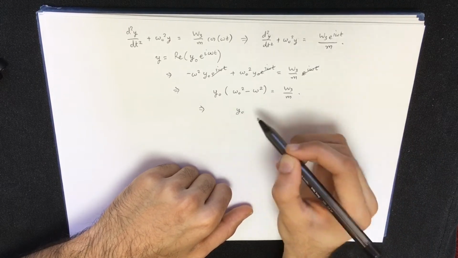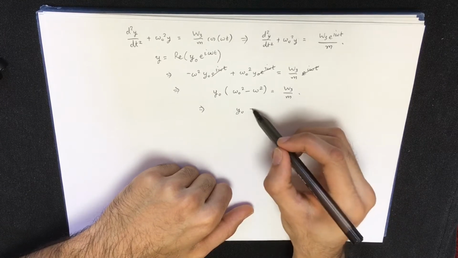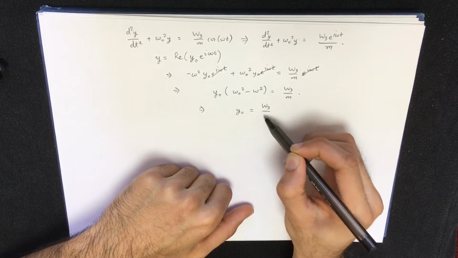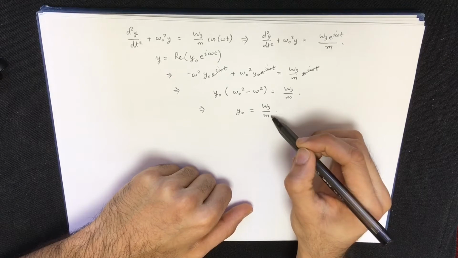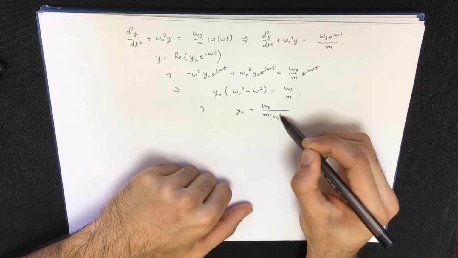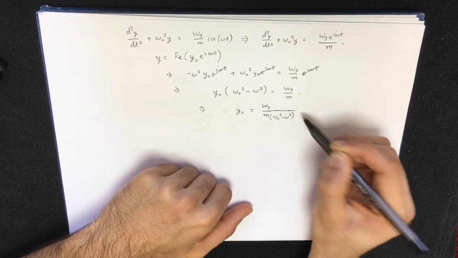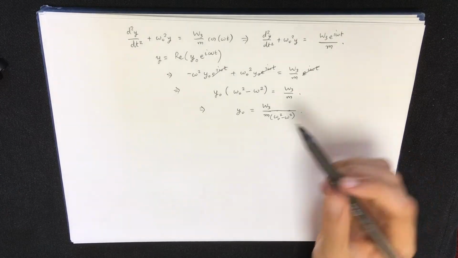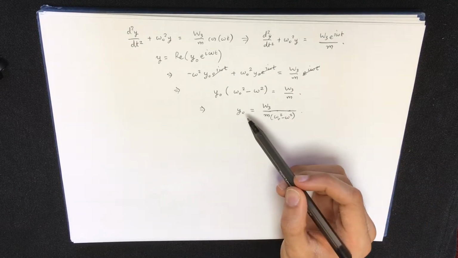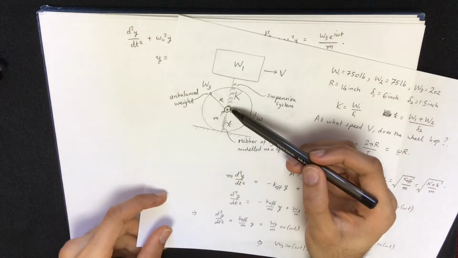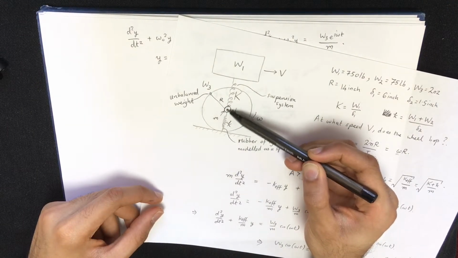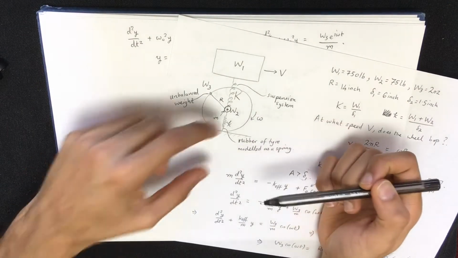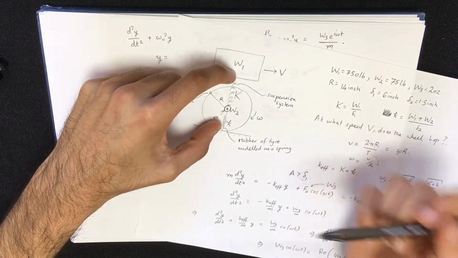So y naught, which is the amplitude of the oscillation, is equal to w3 over m times omega naught squared minus omega squared. The reason we wanted to figure out this amplitude is because if the amplitude is actually greater than the static deflection, that means the entire wheel is going to hop off the ground.